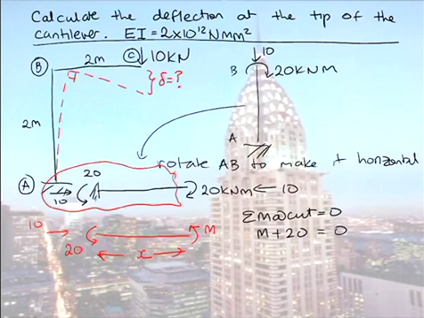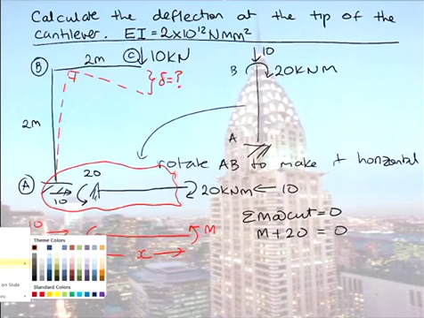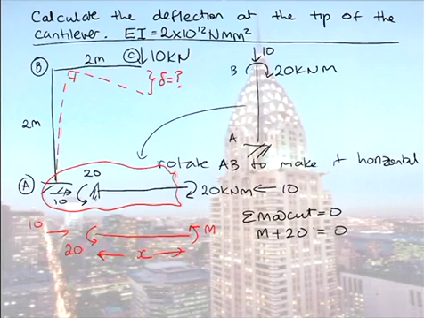Now, last week I said whenever we have a moment, we should multiply it by distance. And if I did multiply that moment by x to the power of 0, can you see there's no singularity bracket there? So that term is always on. It's 20.